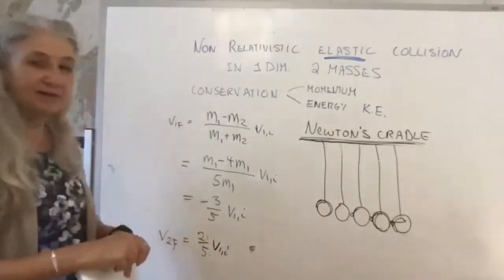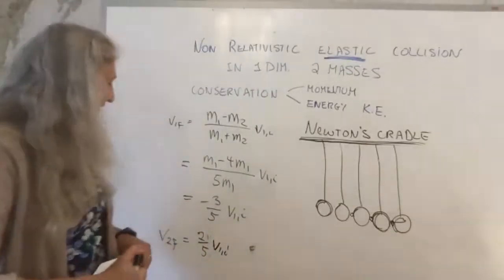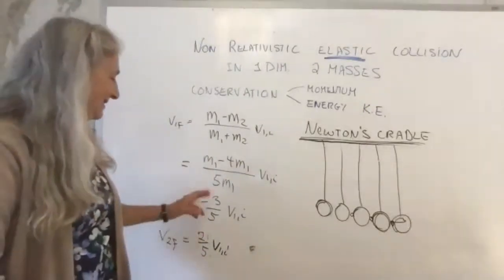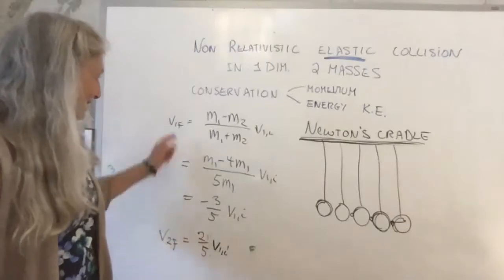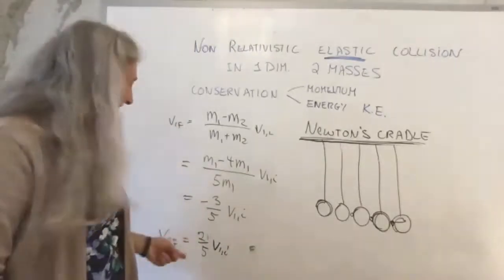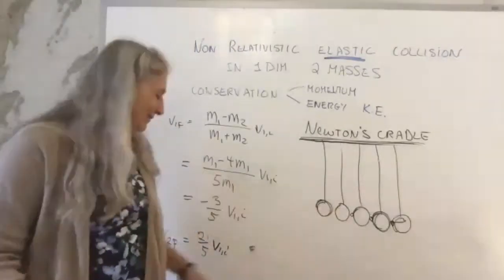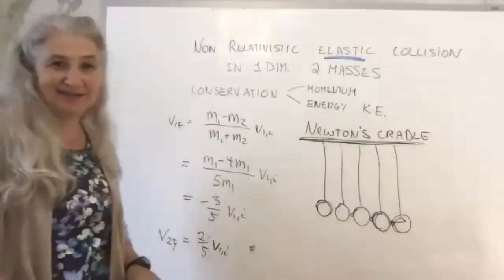So the exact numbers are not the thing that I wanted to point out. But I wanted to point out that the first one bounces back, and the 4 together move at a velocity that's not the same as the first one.